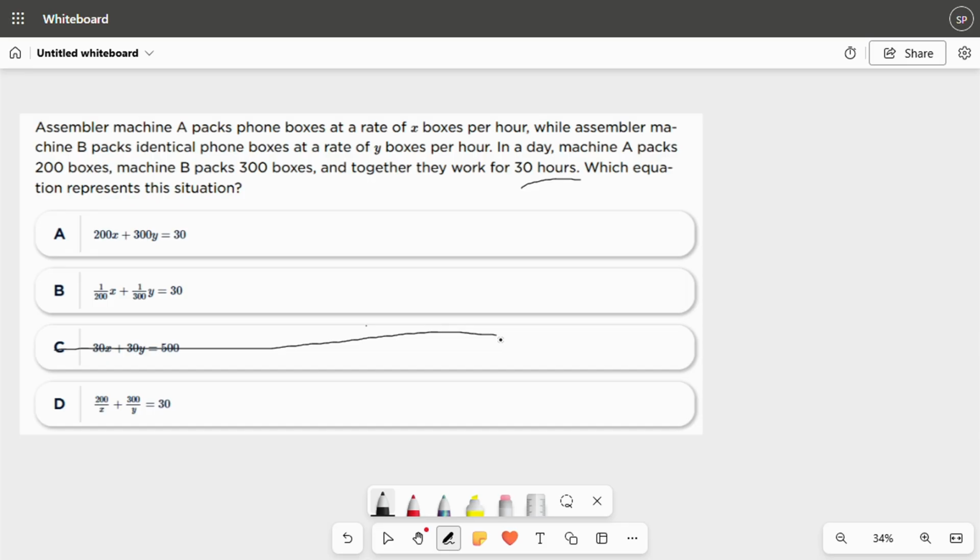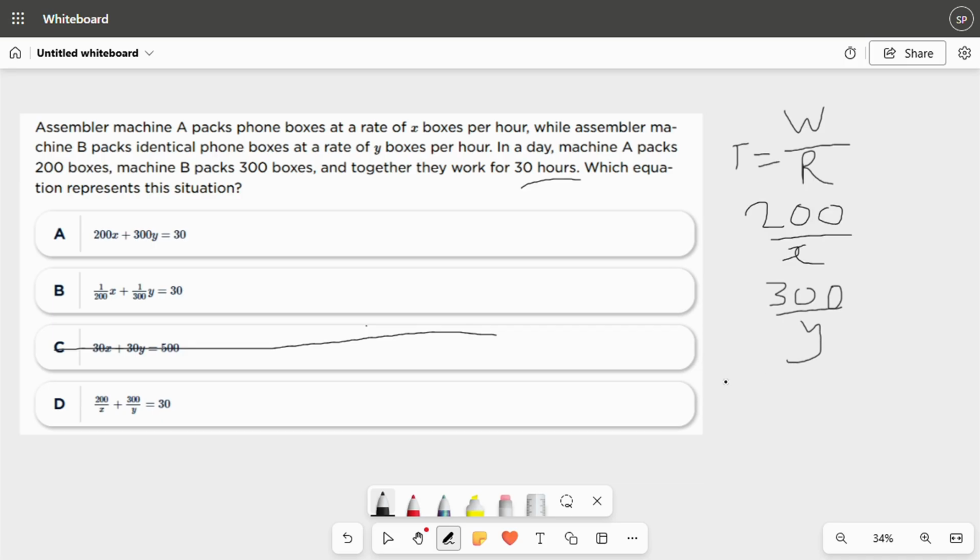And to find how long each machine works for, we would have to do time equals the work that is done over the rate at which they do that work. So for machine A, they pack 200 boxes, and the rate that they do it is X boxes per hour, so 200 over X. For machine B, it'd be 300 boxes, and they work Y boxes per hour.